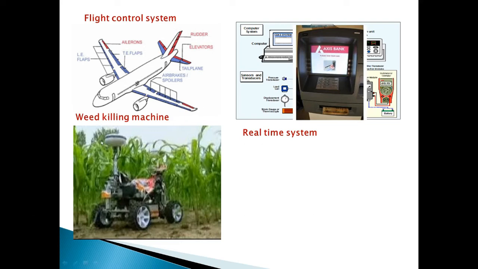In the case of firm real time, the weed killing machine is the example. We are using robots to pick or to kill the weed which is there in the crop. These machines can miss one or two.